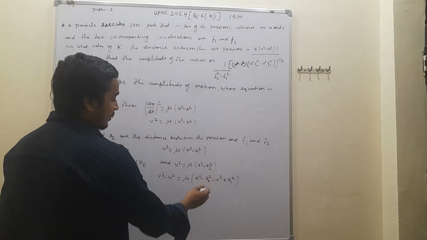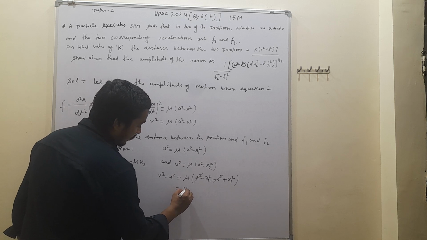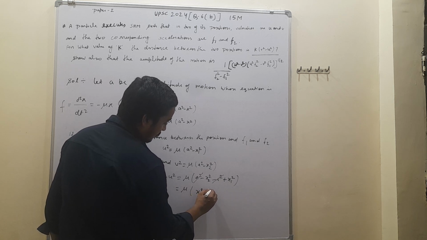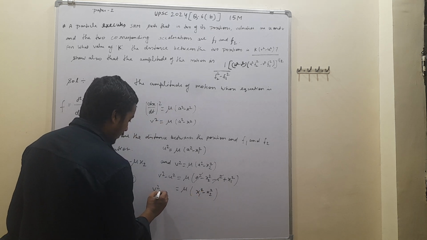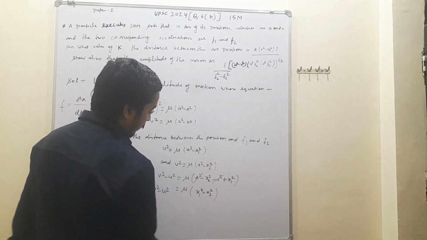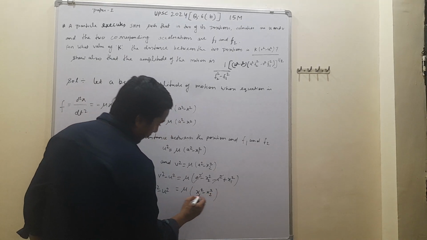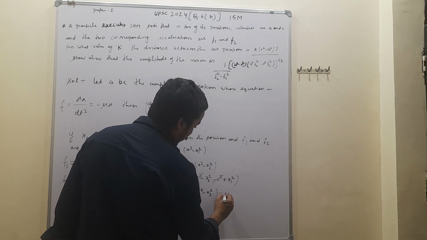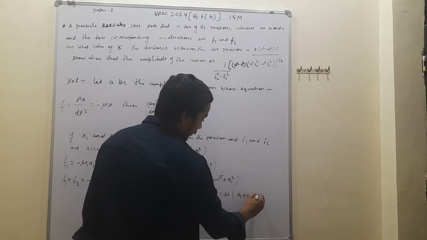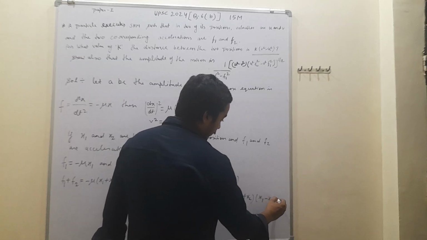From here, minus a square and plus a square cancel out. So remaining is mu (x1 square minus x2 square). From a square minus b square formula, we can also write mu (x1 plus x2)(x1 minus x2). Let this be equation 2.